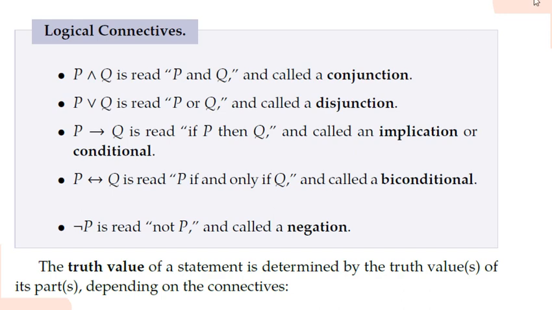With the arrow that points back and forth between P and Q, it is read as P if and only if Q and called biconditional. And "not" placed before the variable is read as not P and called negation. So the truth value of a statement is determined by the truth value of its parts depending on the connectives. The value changes depending on the connective used in the statement.